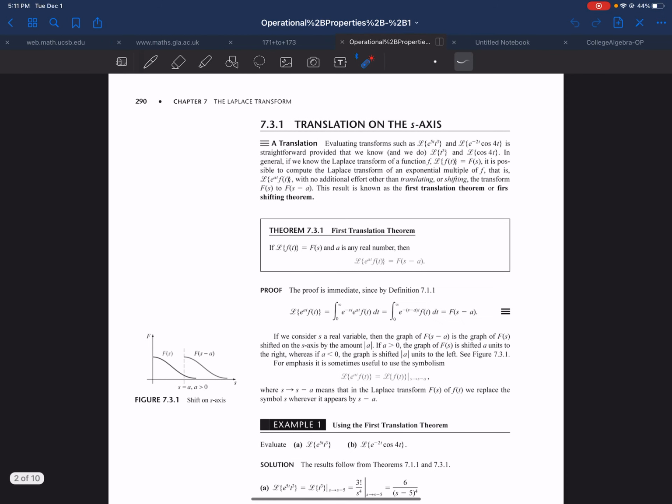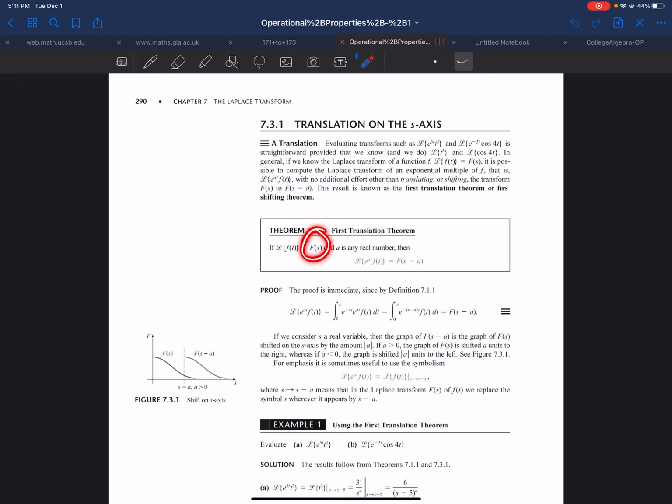So here we go. The first translation theorem is right here, and it says if you know that the Laplace transform of f of t is big F of s, and a is any real number, then if you Laplace transform e to the at times that little function f of t, what you get is a translation of the transform function.